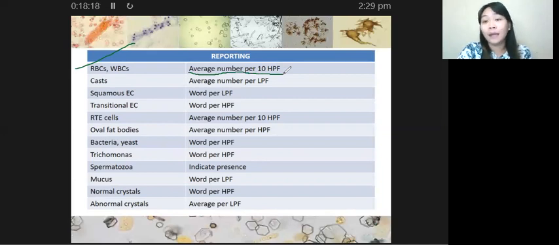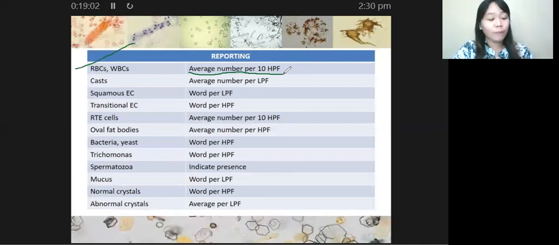So actually, it depends upon the laboratory, yung ranges. Okay, yung ranges na pag-report dito sa ating mga average numbers. Okay? So doon sa ating module in our laboratory, okay? And I think Sir Ruben was able to explain this naman in a simple way. Okay, so say for example, our RBCs 0 to 2, 2 to 5, 5 to 10, 10 to 25, 25 to 50, 50 to 100, or greater than 100.